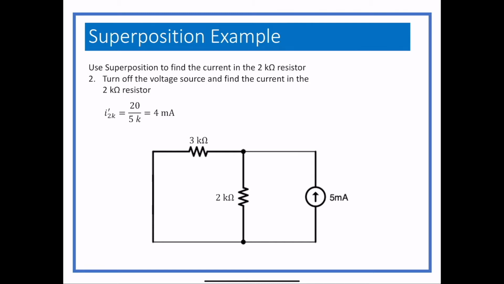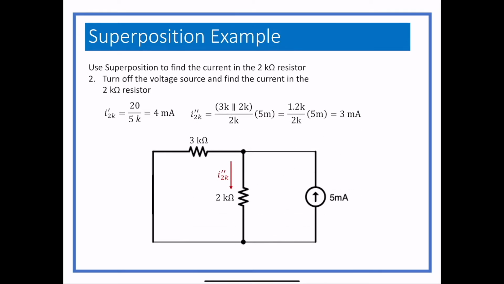We want to find the current through the 2 kilo ohm resistor. We've got 5 milliamps going into a junction and the current splitting in two. So we can use current division, which takes the parallel equivalent of the two resistors, the 2K and the 3K, and divides by the resistor that you want to find the current in, and multiply by the total current.